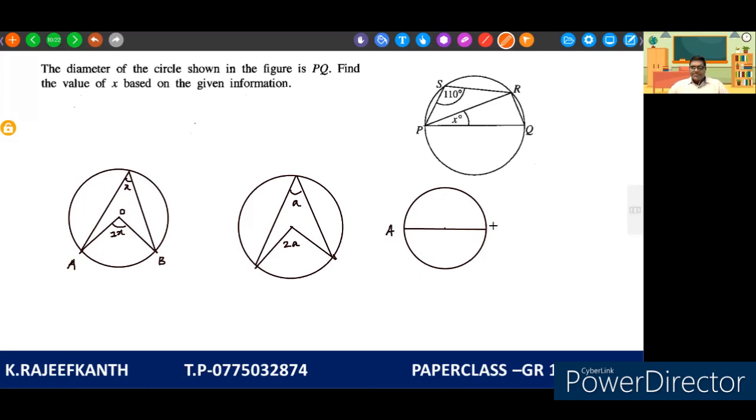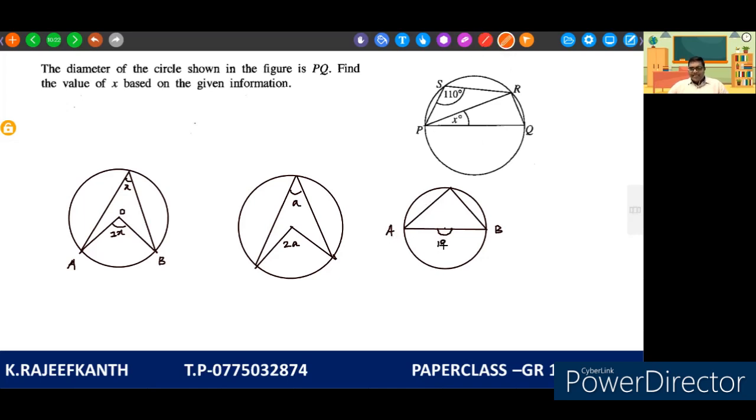Here, if I mark this one as AB, this AB is also an arc. Now we can apply this theorem in this circle. The angle subtended by an arc at the center of a circle is double the angle subtended by the same arc at the circumference of the circle.